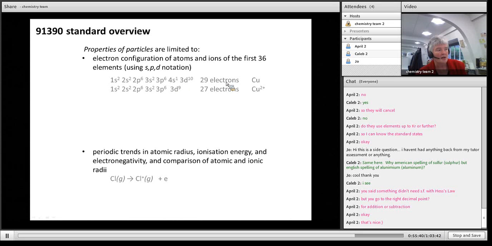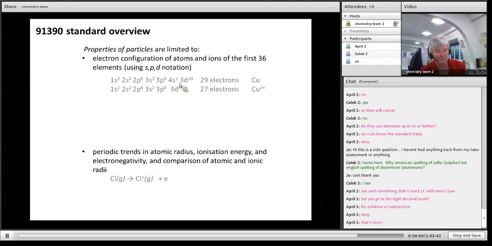And remember, of course, the 2 exceptions, copper and chromium. Remember here the 4s1 3d10. It doesn't matter if you put the 3d10 before the 4s1, it'll be accepted both ways, but you have to have 4s1 3d10, not 4s2 3d9. That'll be wrong.